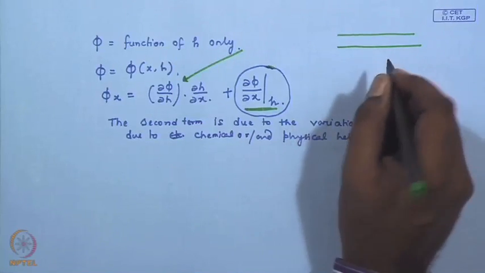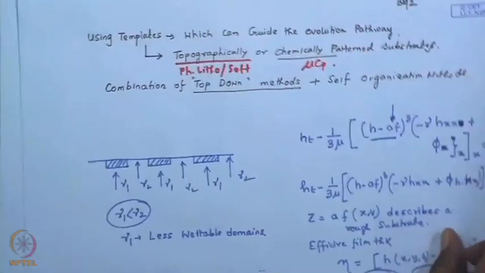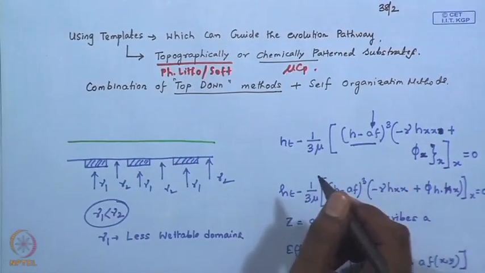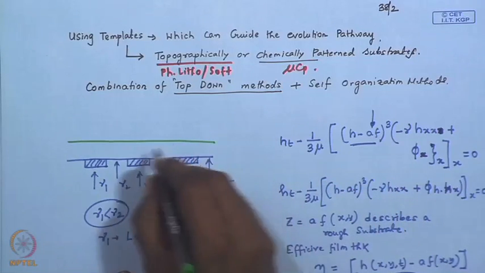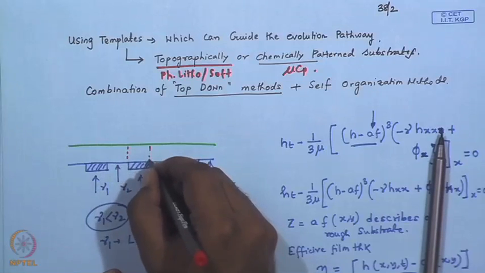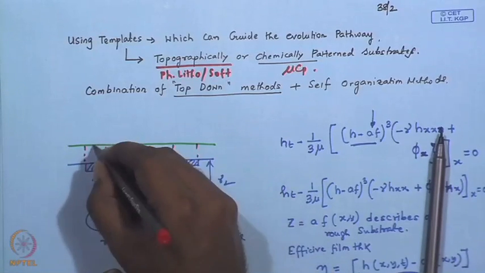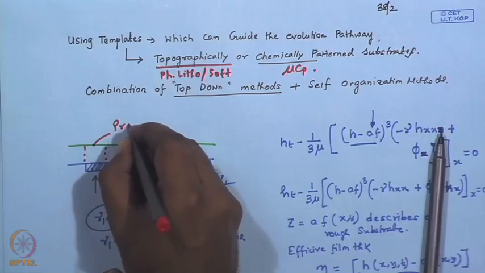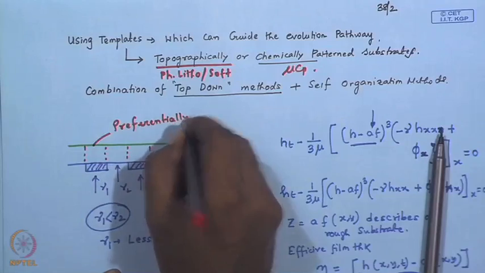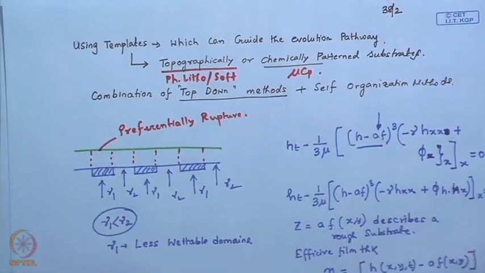So, due to the in-plane potential gradient, now if you have a thin film on a chemically patterned surface, let us say, what is going to happen? So, these are domains which are non-wettable. Okay. So, the film will preferentially rupture over these areas.